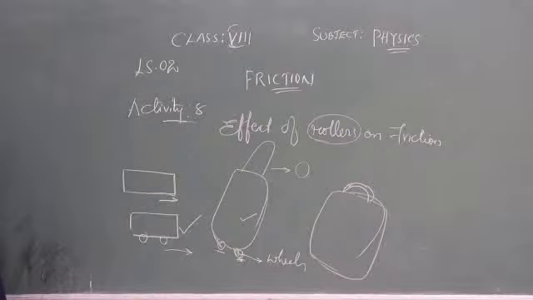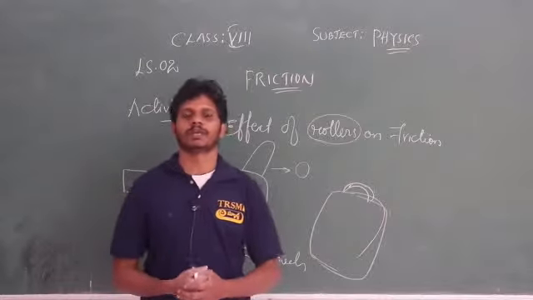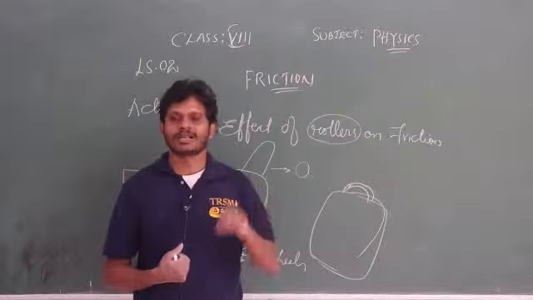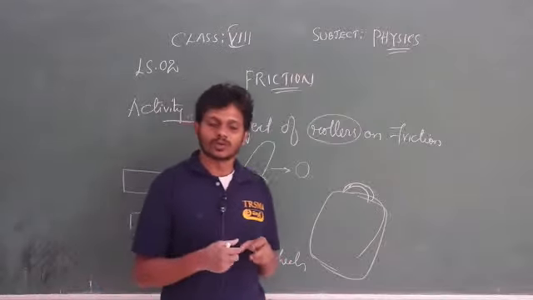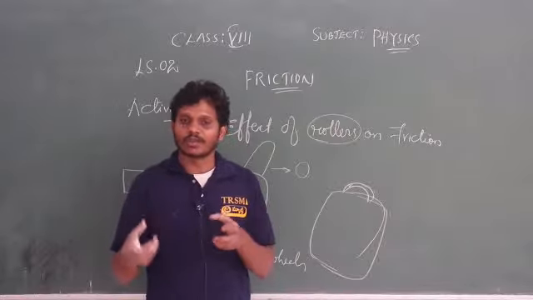Next, coming to the other activity. Activity 9, understanding the principle of ball bearings. In a fan, ball bearings are present, and also in a cycle wheel, especially the back wheel.